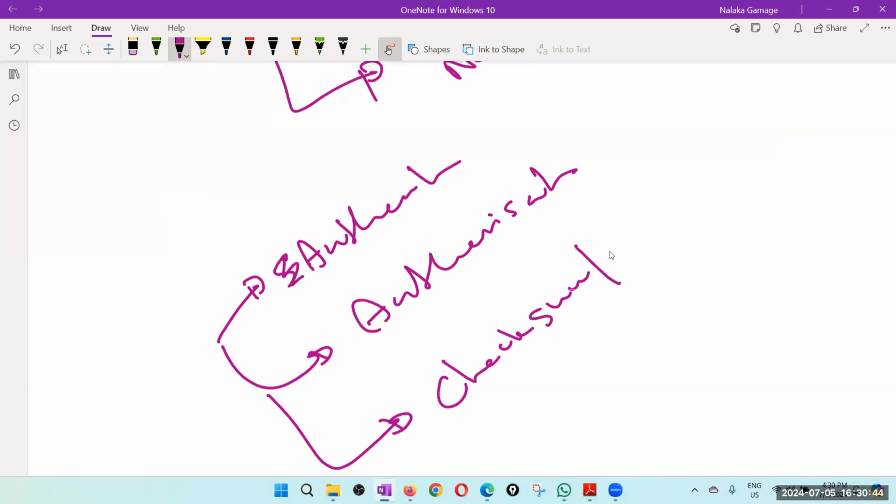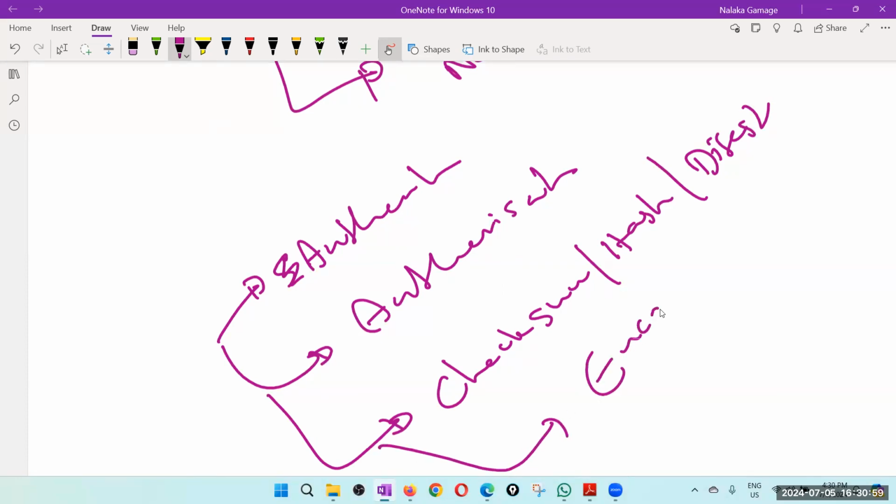A checksum, or we can call it hash, or we can call it digest. Use of checksum, hash, digest. Another one we can do is encryption, decryption. Of course, decryption is the reverse process.